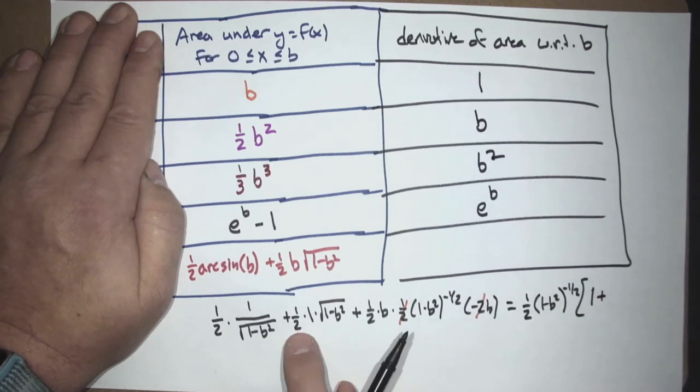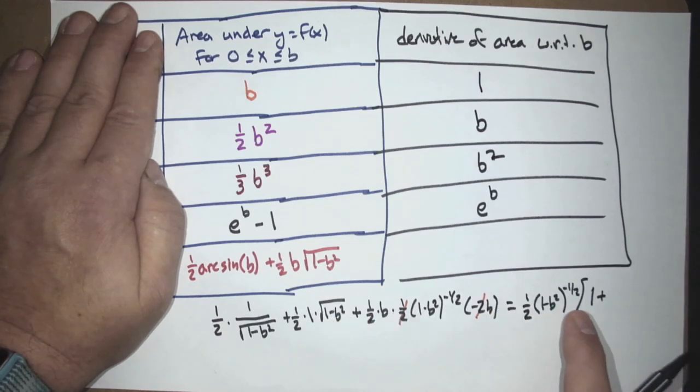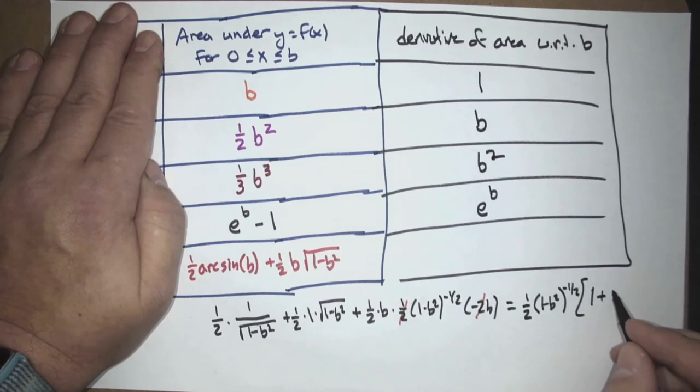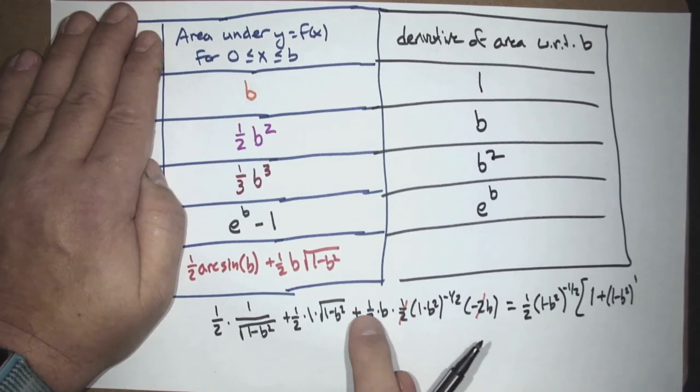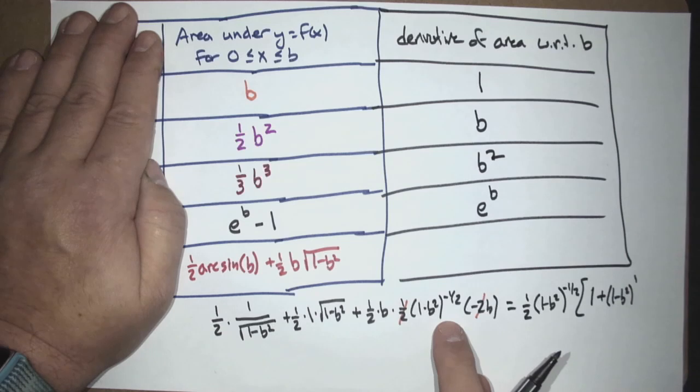It will be, we got the half. Did we get the square root of 1 minus b squared? We factored out 1 minus b squared to the minus a half. What power of 1 minus b squared is left? 1 minus b squared to the 1. 1 half subtract minus a half. What's left here?